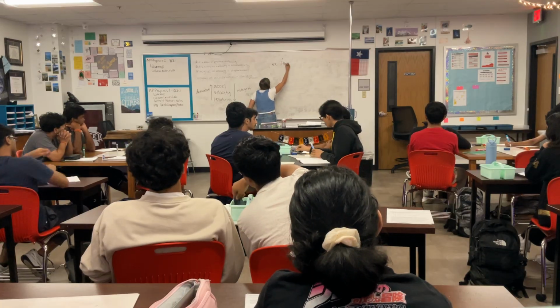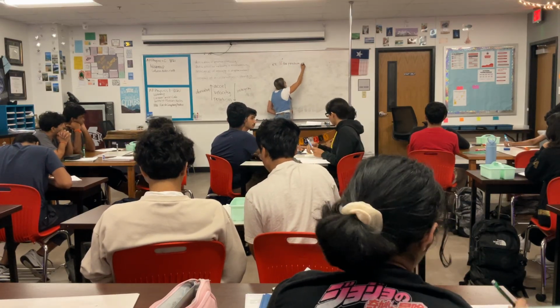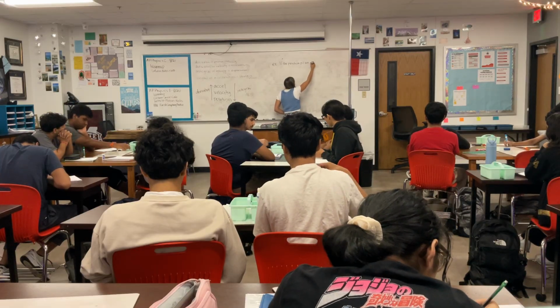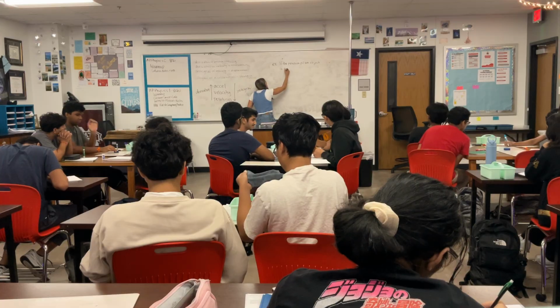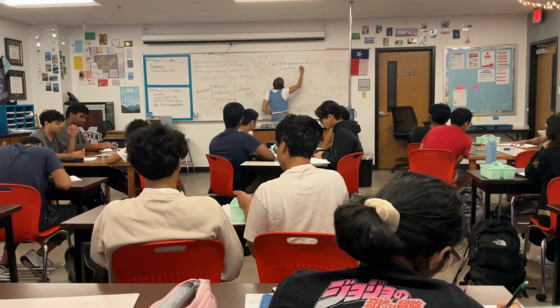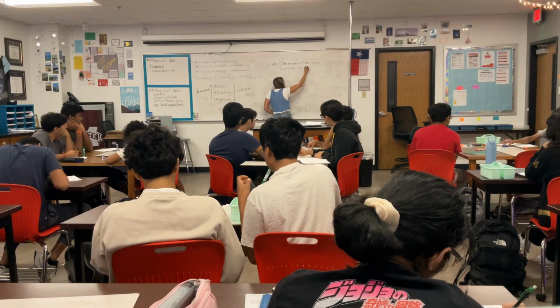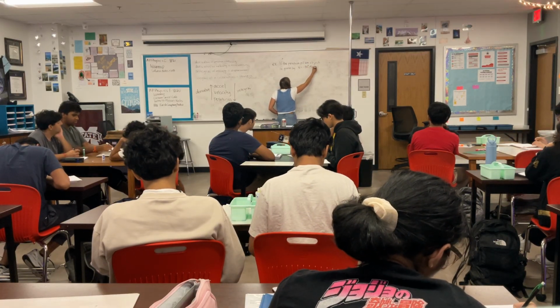If the position of an object is given by, let's say, x is equal to negative 3t cubed plus 6t squared.